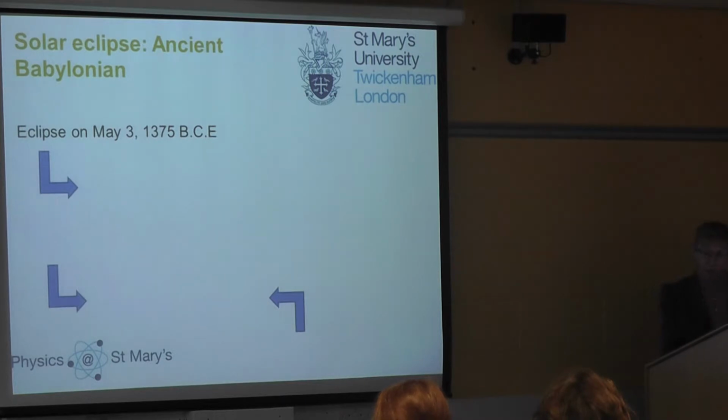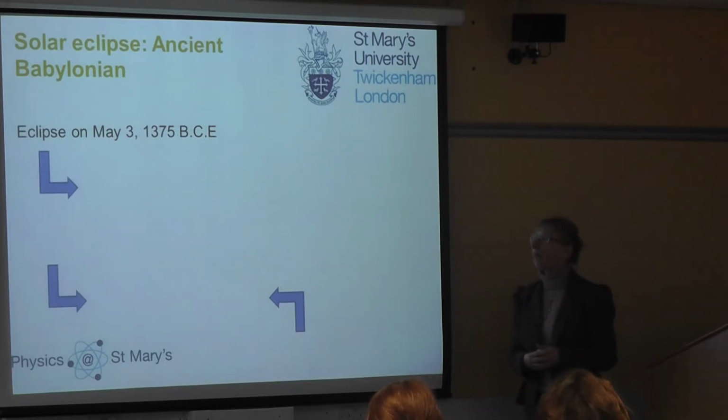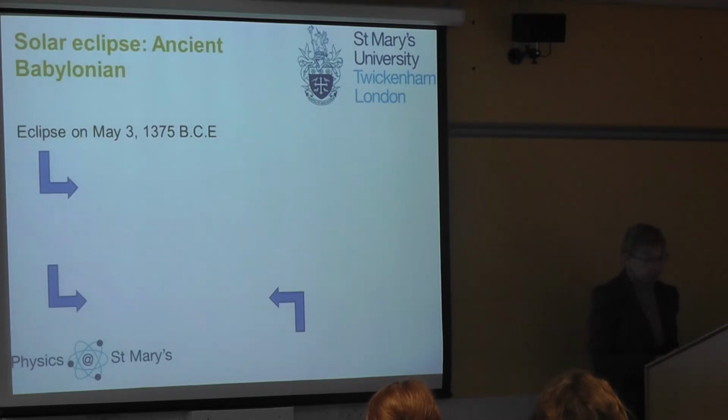Going back to the Babylonian one, the first eclipse recorded in clay tablets that were found in Babylon happened on May 3rd of 1375 BCE. This is the earliest one that was recorded.